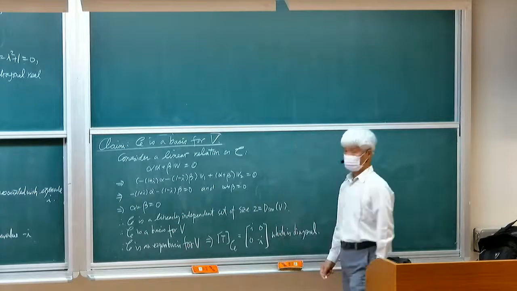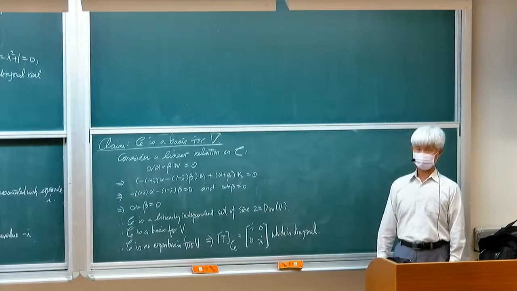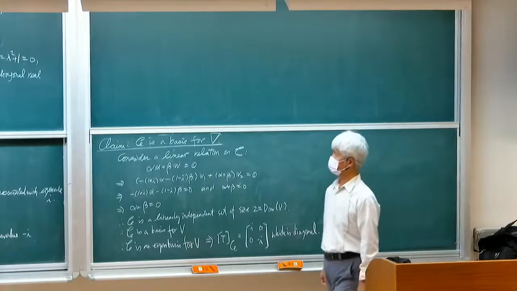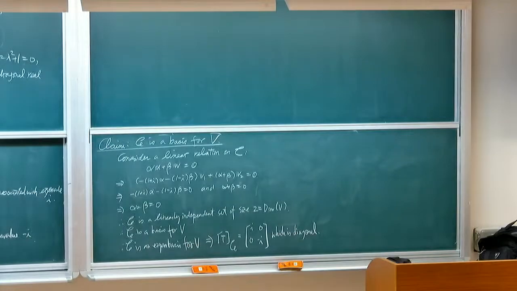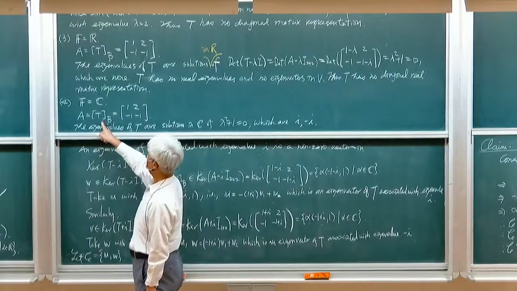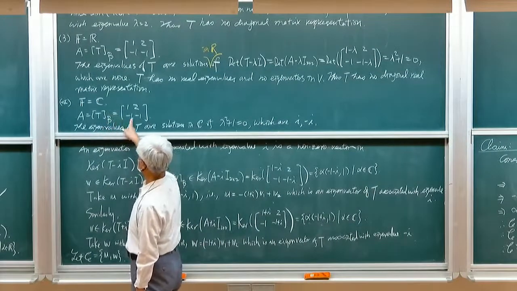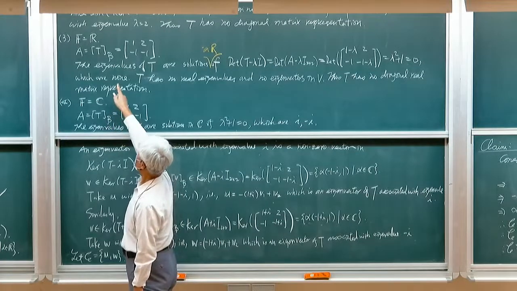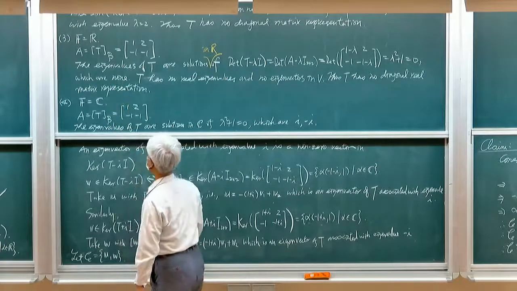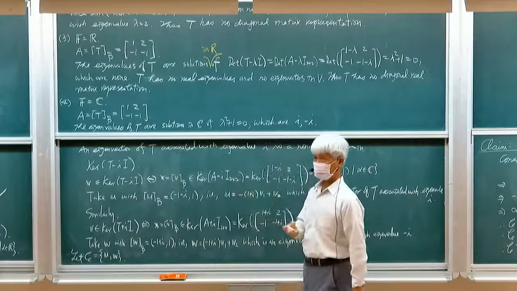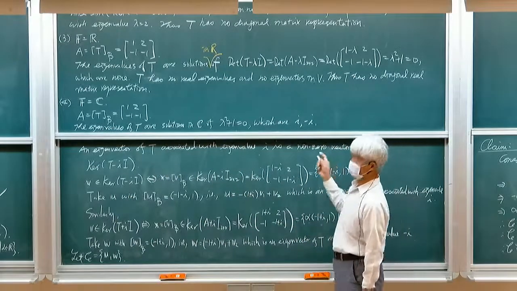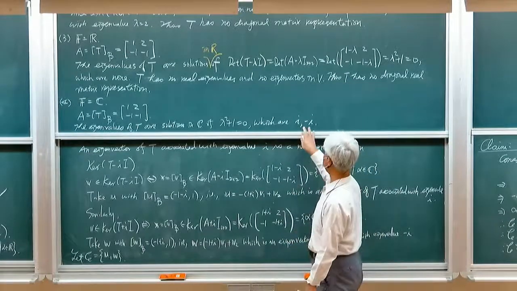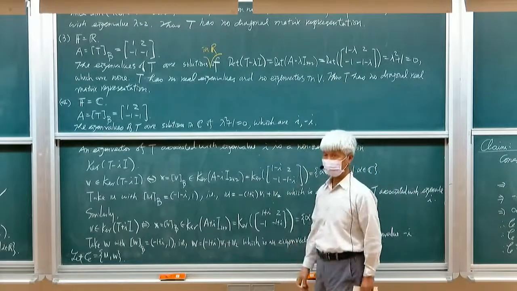Okay, so we have a diagonal matrix representation now. In the complex case, we have the same matrix representation as in the real case, but because we are considering the complex case, we can solve the polynomial equations to find two solutions, i and minus i.